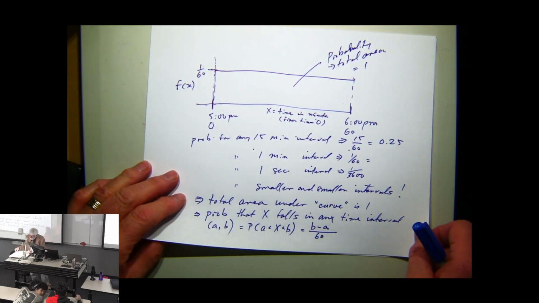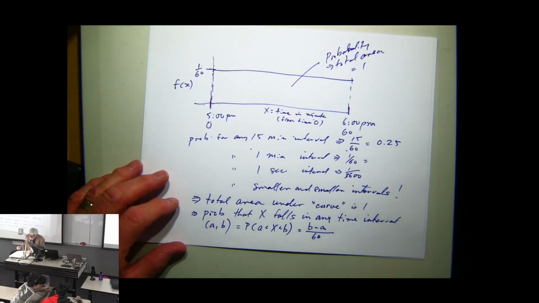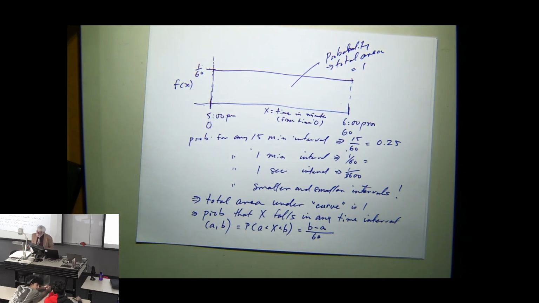Okay. How small can the distance between B and A get? Well, there's no theoretical minimum distance. It can collapse down to 0.